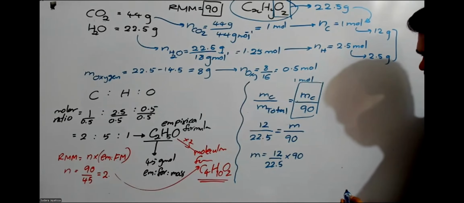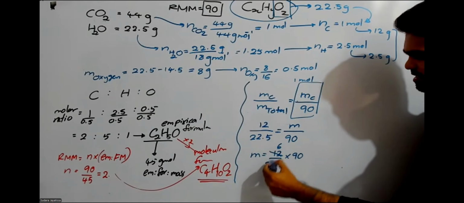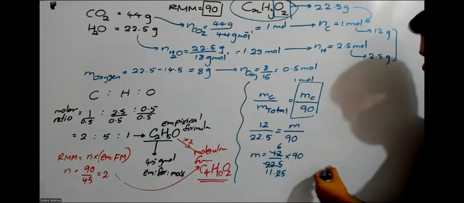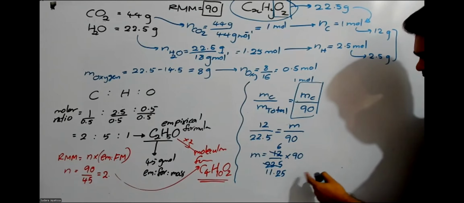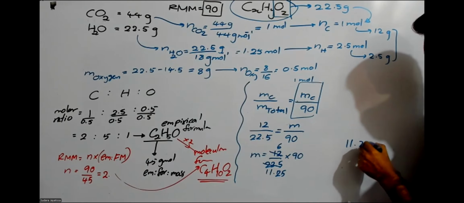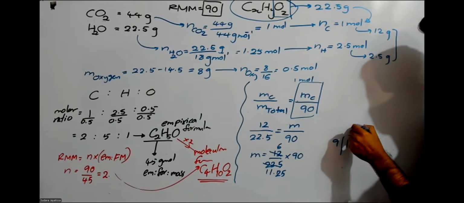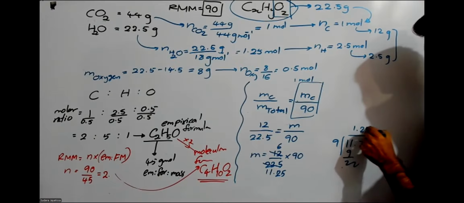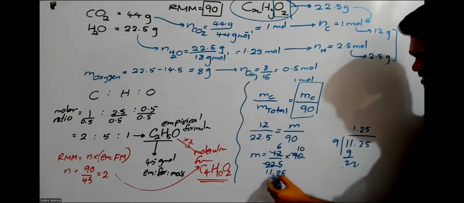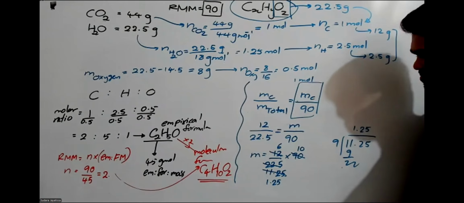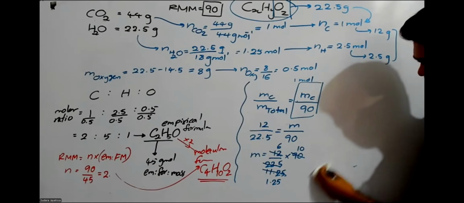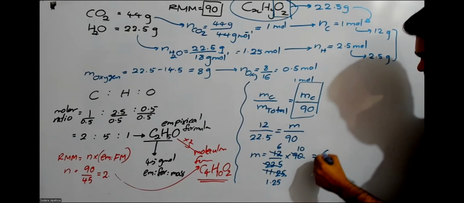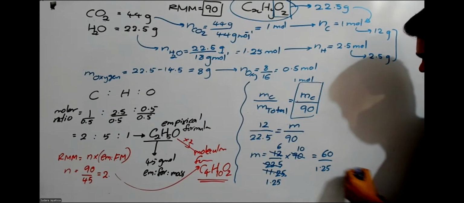Okay, so now this is supposed to be divisible. Let's divide this one by 2. This is 6 and this is 11.25. And then you can divide this one by 9, and divide this one by 9. 11.25 divided by 9, we did this one earlier. It is 10 and 1.25. So it is 60 over 1.25.